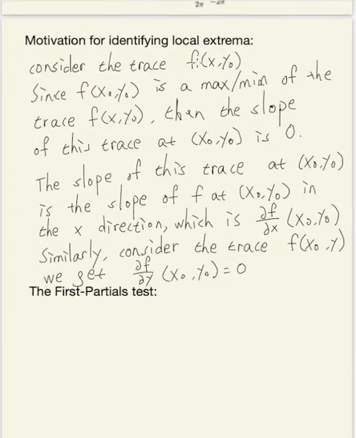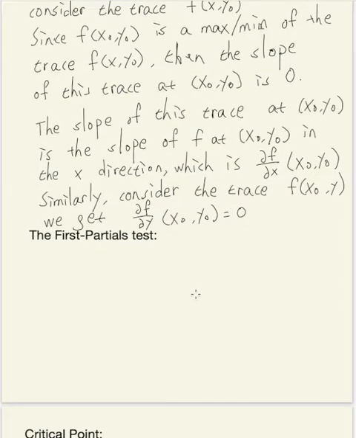Okay, so for all maximums, relative maximums, or relative minimums, we have the property f partial x equals 0 and f partial y equals 0, which gives us the first partials test.